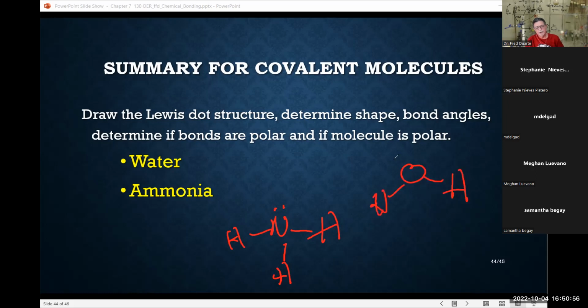Water is extremely polar, because it's got 2 lone pairs on the central atom, really decreasing the bond angle. It's the most polar liquid that we're aware of. And ammonia, just like the PCl3 scenario, with the lone pair, is a polar species. That lone pair plays a big role there.